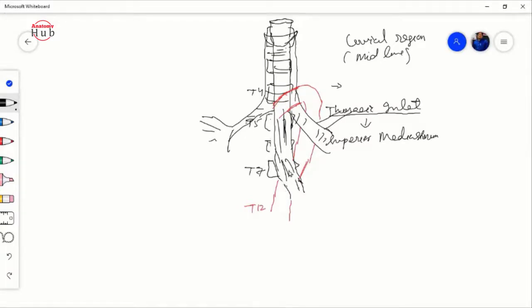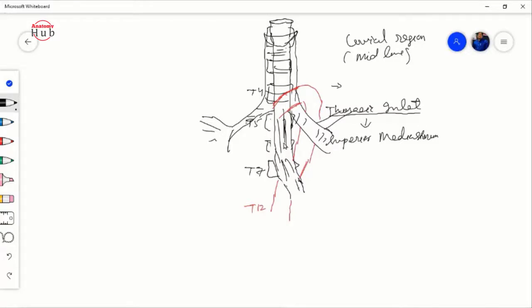But at the T11 level, the esophagus goes towards the stomach, anteriorly. That's why you will find the esophagus remaining anterior to the descending thoracic aorta. Clear?